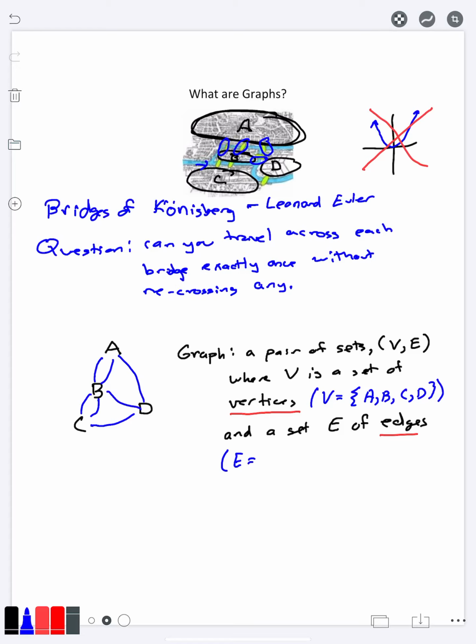Now we want to be a little bit careful how we write this down. I'm not going to be fully formal here, just to kind of give you a rough idea. So let's see, we have a bridge that goes from A to B, and another bridge that goes from A to B, and a bridge that goes from A to D, and a bridge that goes from B to D, and a bridge that goes from B to C, 2 of those, and lastly a bridge from C to D. Now this notation is not quite proper mathematically, but we're just trying to get the concept down right now.